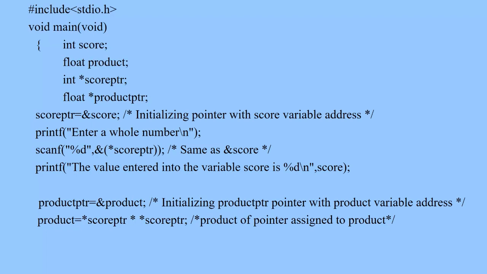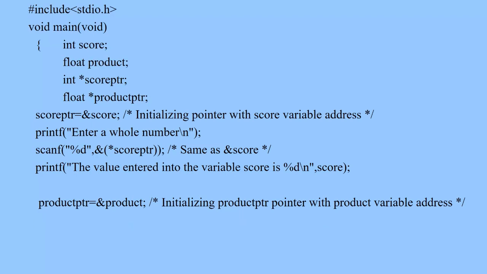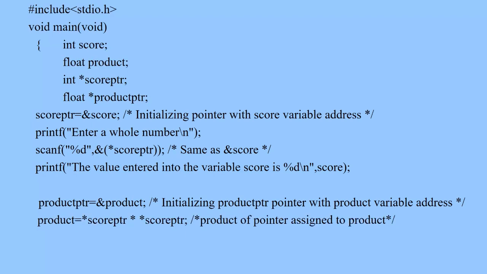In other words, this statement simply picks the content of the memory location being pointed to by the pointer called score pointer, multiplies it by itself, and the results are assigned into the memory location called product.